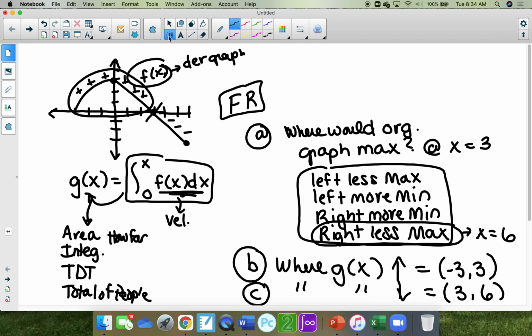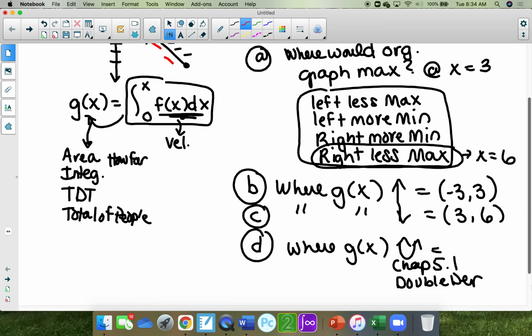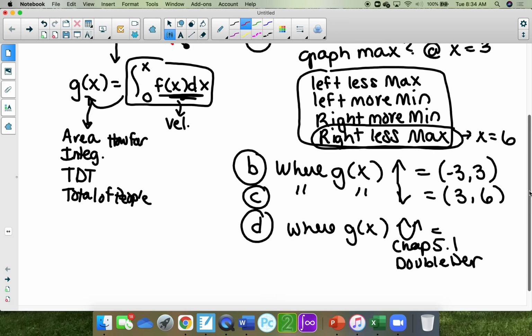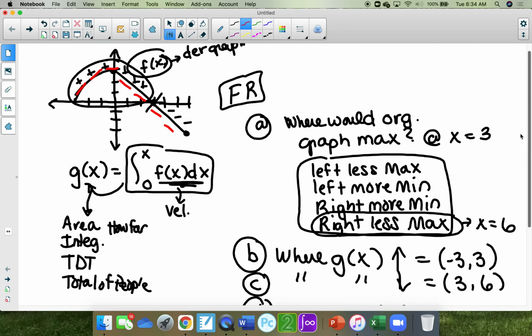Your second derivative has positive slopes to here. It has horizontal slopes, and then they have a whole bunch of negative slopes to there. So to be concave up, it's where you would have positive. It'd be -3 to 0. Do you see how these are all positive slopes? And these are all negative slopes. So it'd go from -3 to 0.